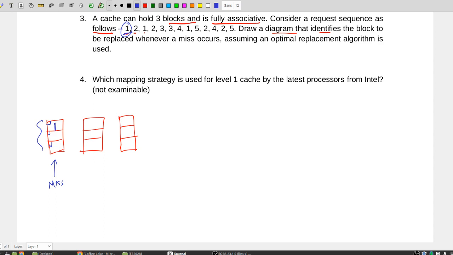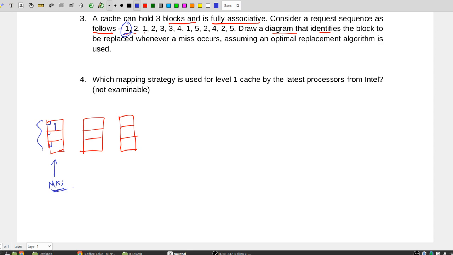So you can write the 1 anywhere and it is still correct. And this sort of a miss is what we call a compulsory miss, because block number 1 is being accessed for the very first time. Irrespective of your cache design, it has to be a miss. So we call it a compulsory miss.